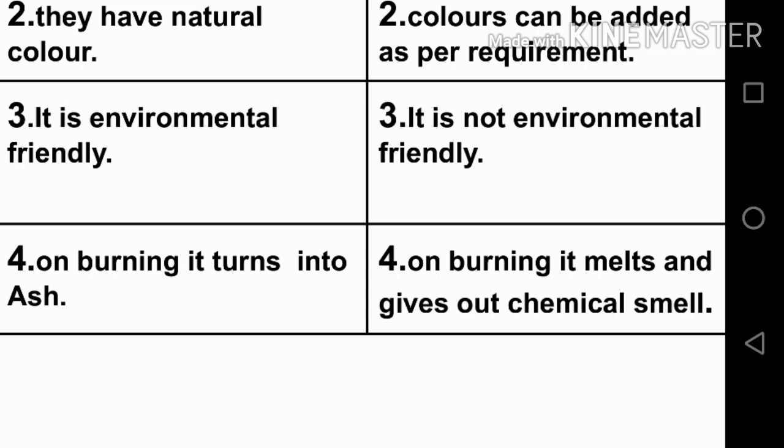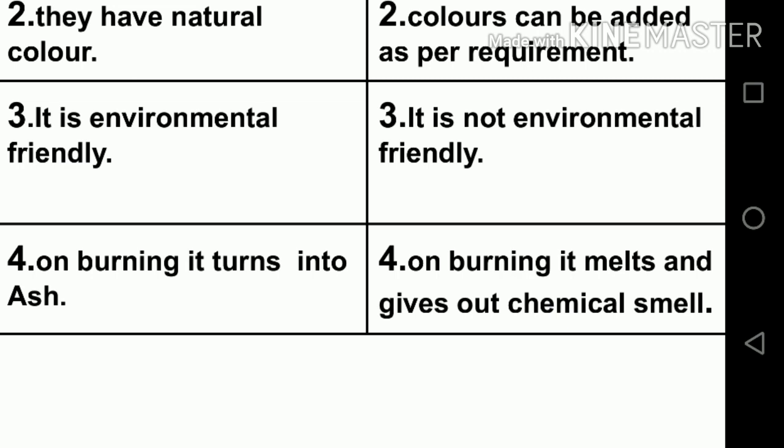When you burn natural fibers, they just give you ash, which will not harm you at all. But on burning, artificial fiber melts and gives out a chemical smell.